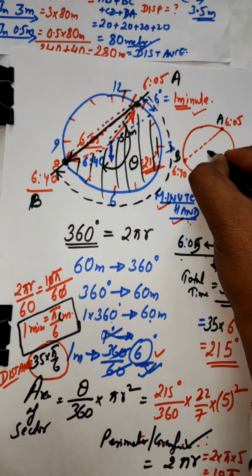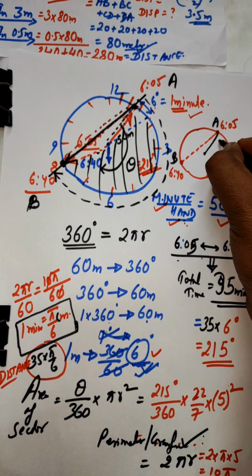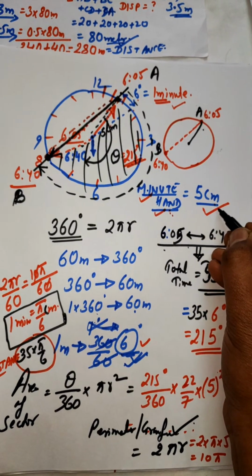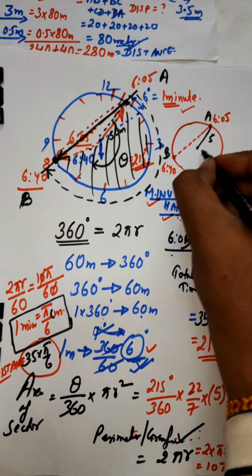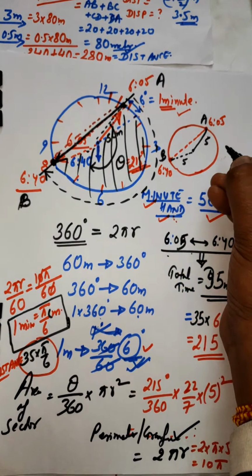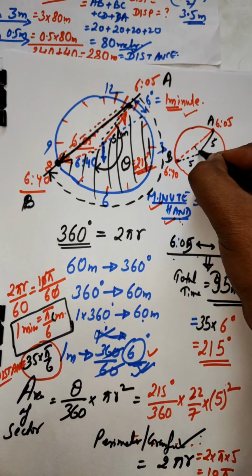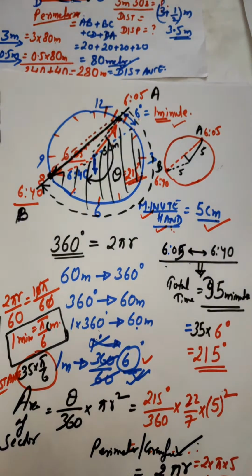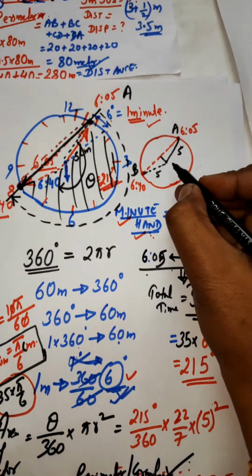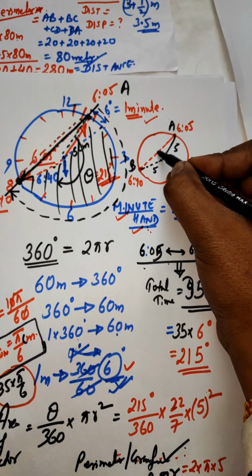You know, this is the center and the minute hand is having a length of 5 centimeter. So this will be 5, this will be 5. Draw a perpendicular from here, and you can use the concept of circle to calculate it.